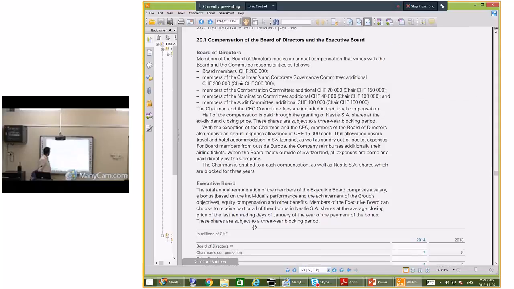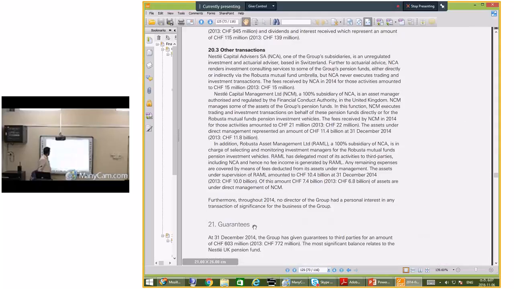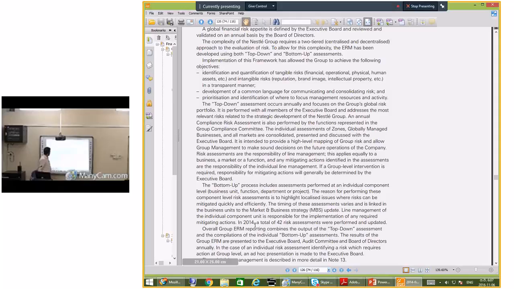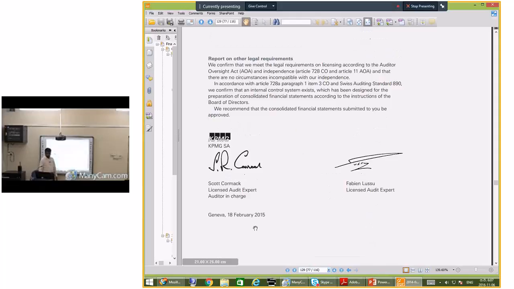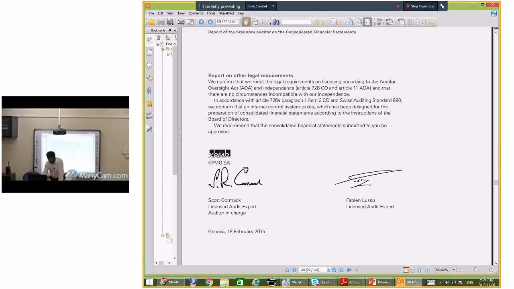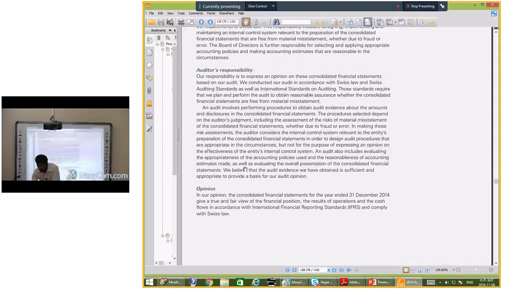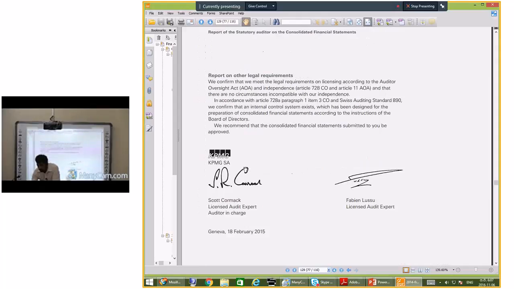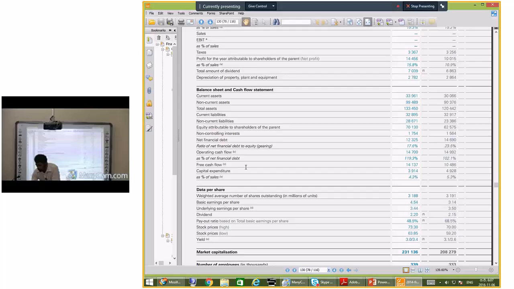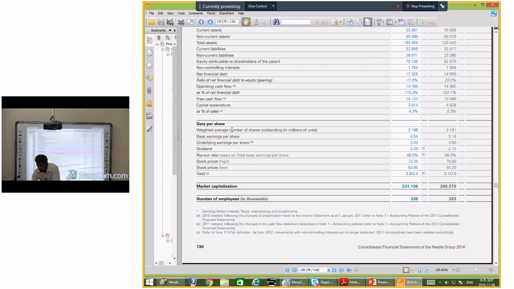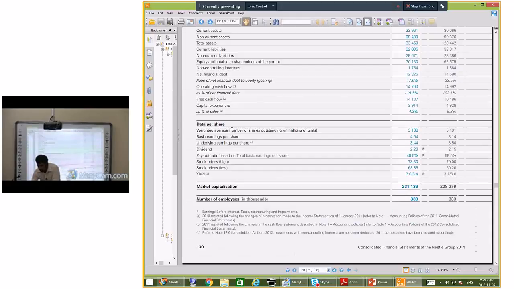Now, if we move to another important item, the auditor's report and other details here. Auditor reports, opinion of auditors, right? All are here. Then you can see the share prices, stock prices here: payout ratio, dividend earnings ratio, earnings per share, basic earnings per share.